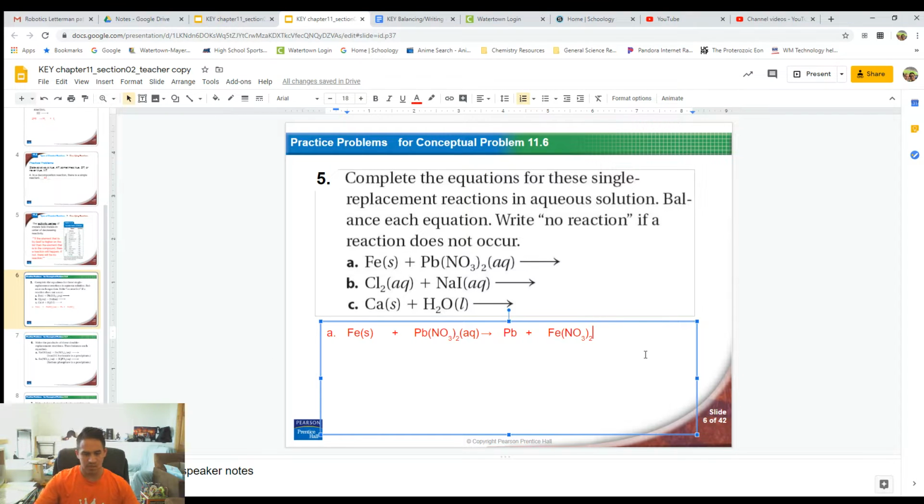So, all right, taking a look at letter B, we have Cl2, which is aqueous here, reacting with NaI, which is also aqueous. All right, so this one is one where we're going to probably have the nonmetal replace the other nonmetal.